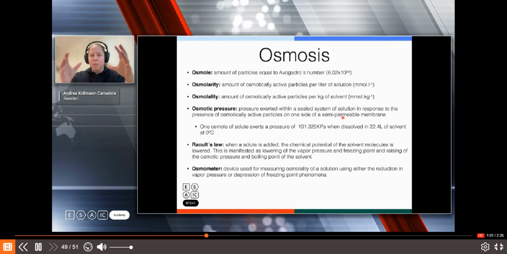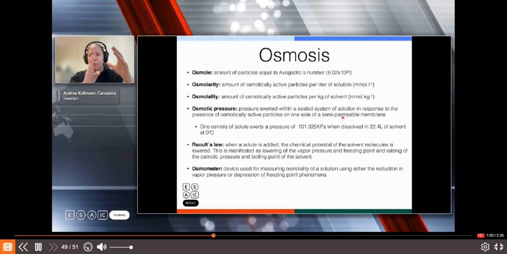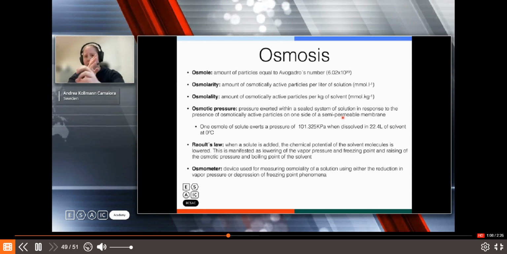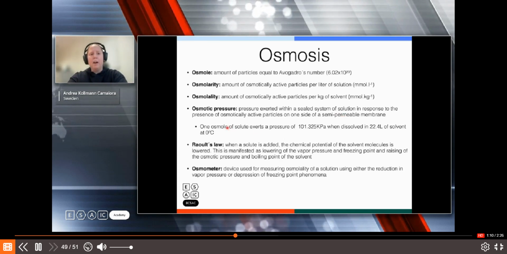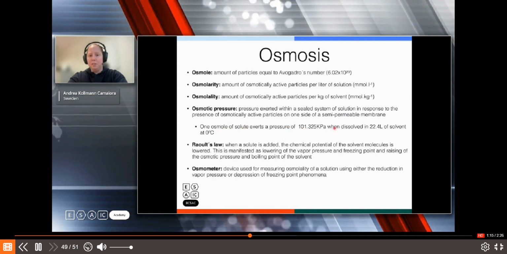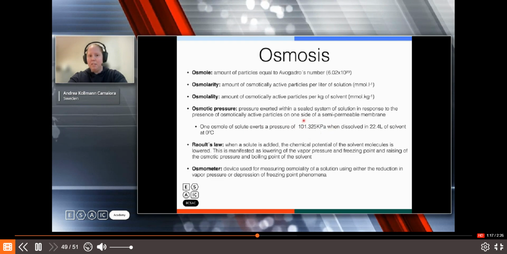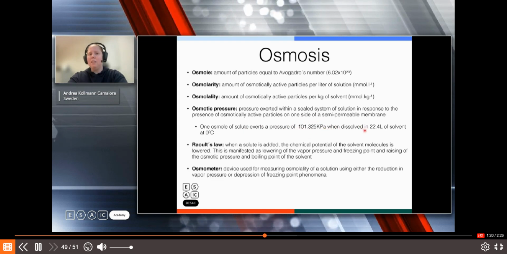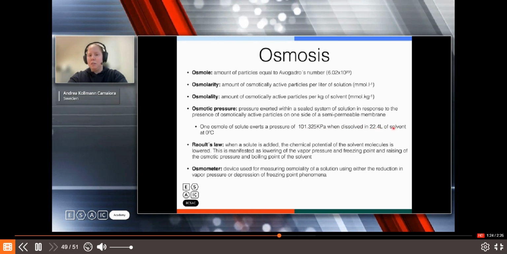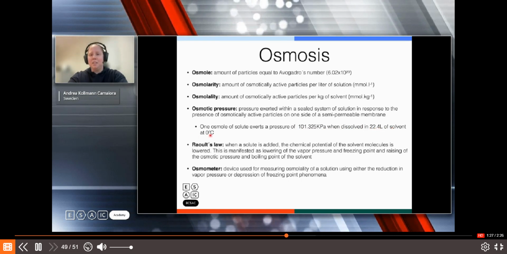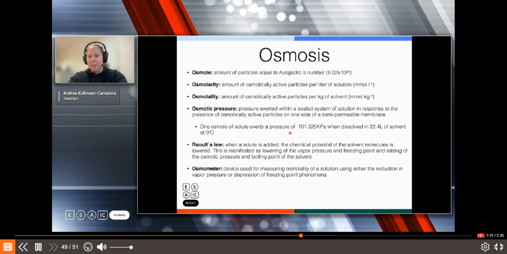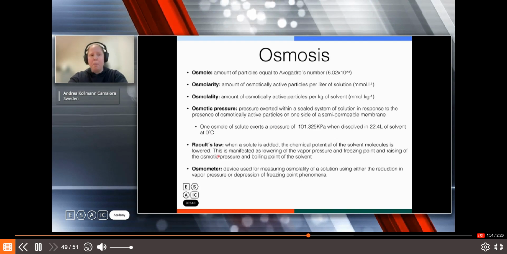So you have a closed circuit, you put your semi-permeable membrane in the middle, and then you have pressure from one side to go to the other. 1 osmole of solute exerts a pressure of 1 atmosphere or 101 kilopascals when dissolved in 22.4 liters of solvent at 0 degrees. And 0 degrees and 1 atmosphere is standard temperature and pressure.